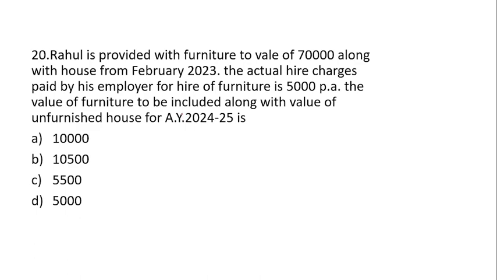Here there are some rules you need to follow. This question is related to rent free accommodation, and there are conditions. The first condition is the actual rent paid by the employer.